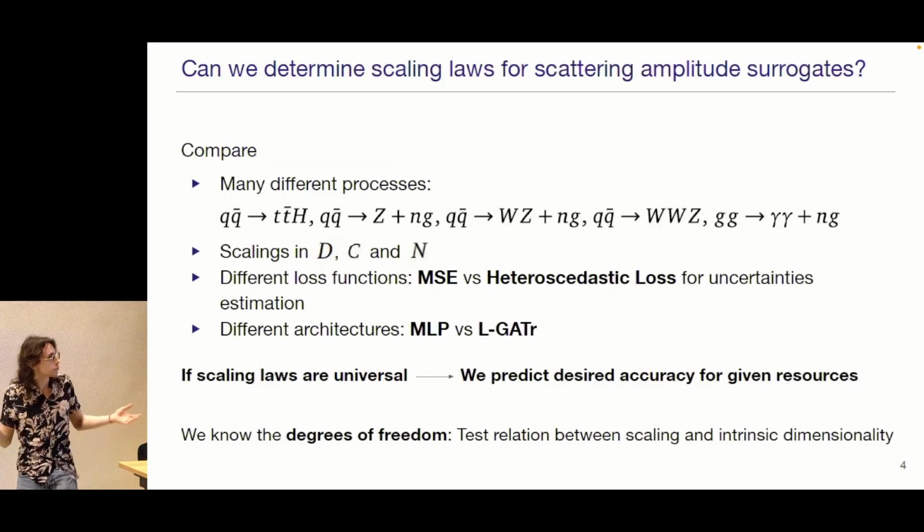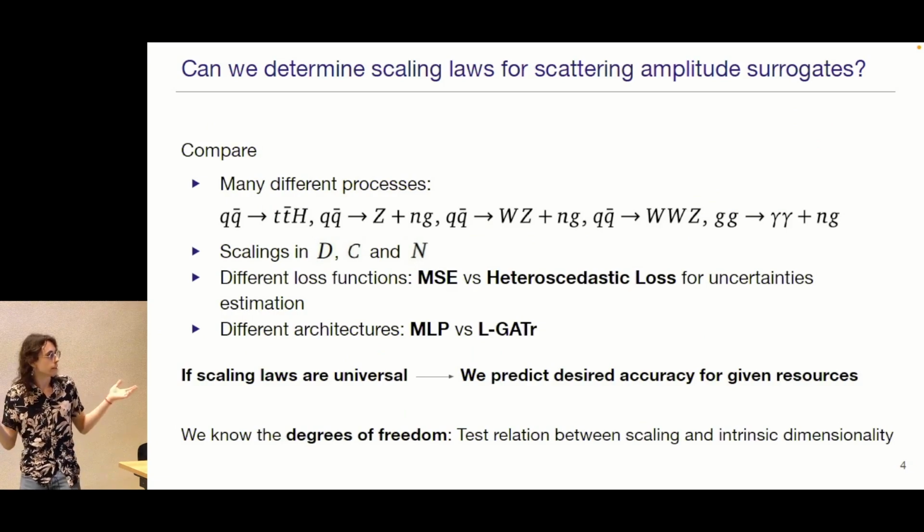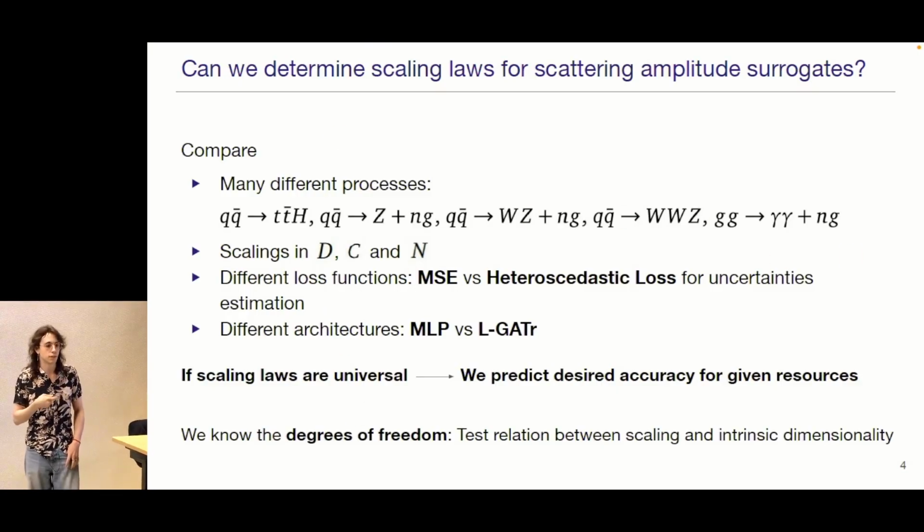So we want to ask, can we determine very general and universal scaling laws for scattering amplitude surrogates? To do this, we will compare a lot of processes and see if we see this behavior. We'll do the scaling in number of parameters, compute, and data set size.